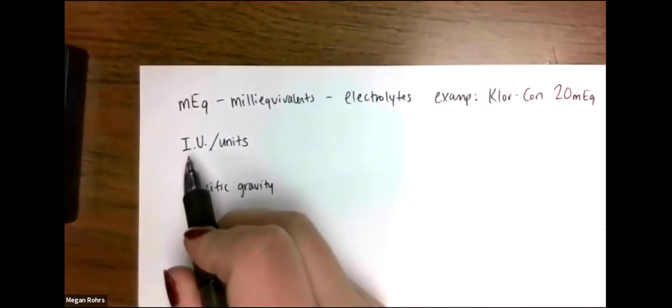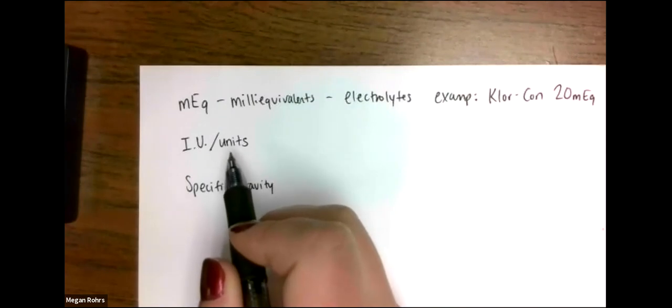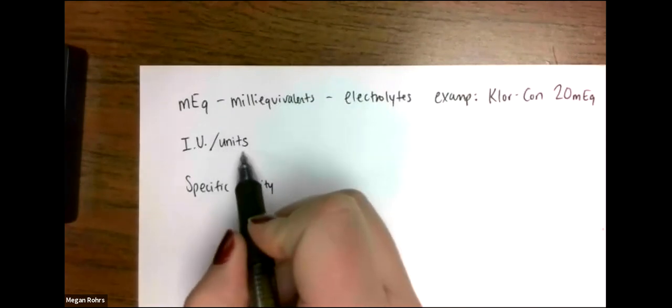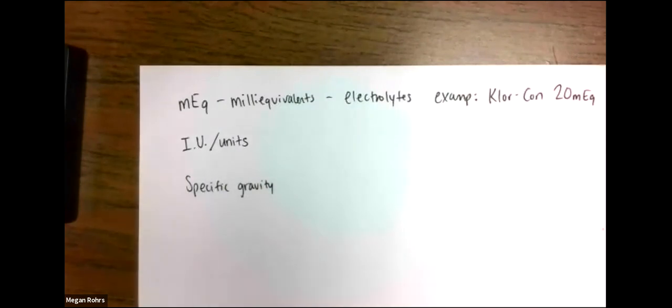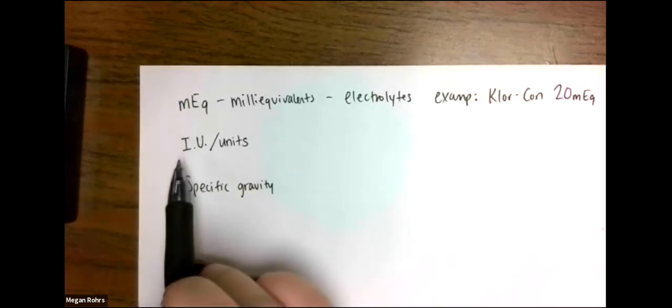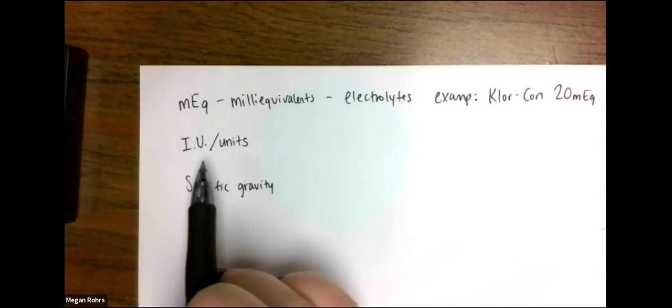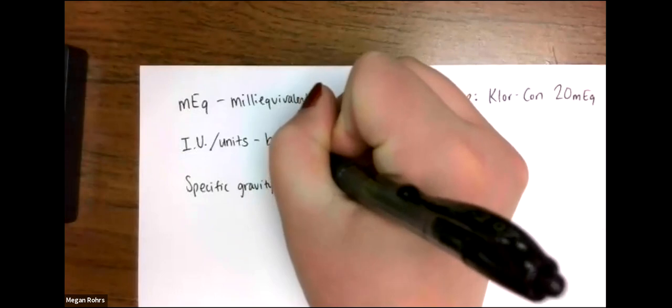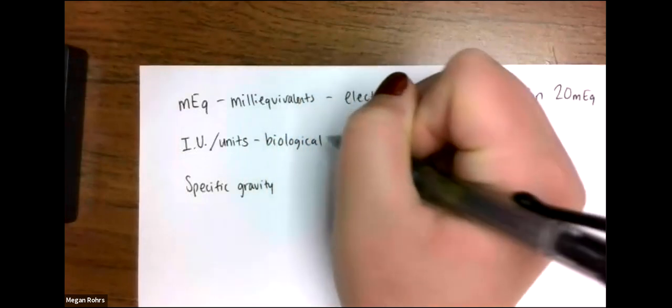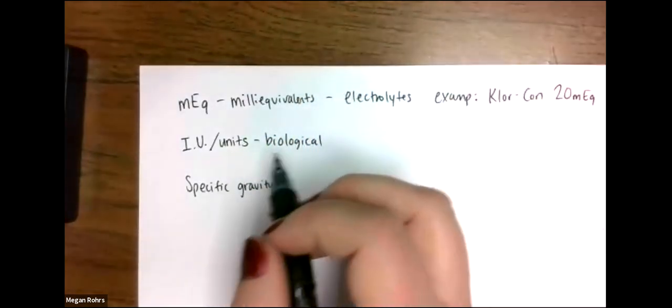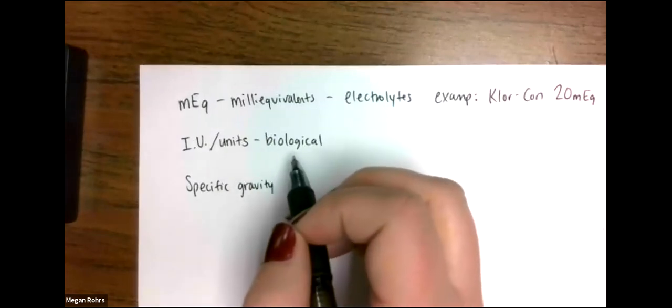Now, international units, or just units themselves, don't confuse units here with any definition of the word unit. Okay, these are going to be specific units that are assigned to drugs, specifically biological drugs. So any drugs that are derived from living organisms.